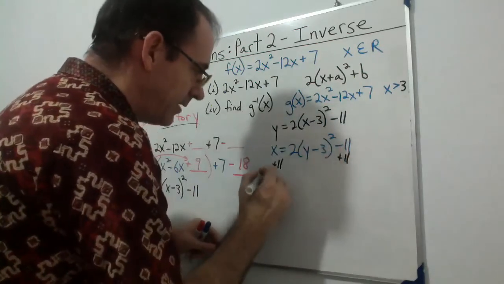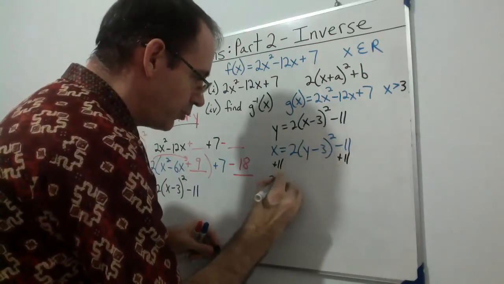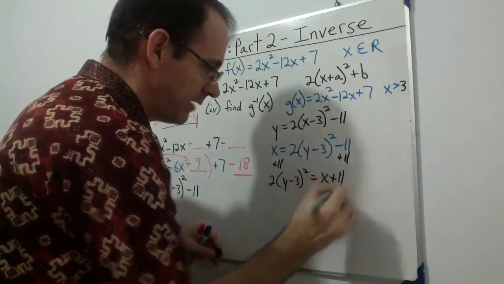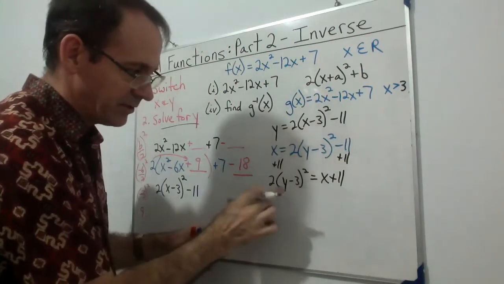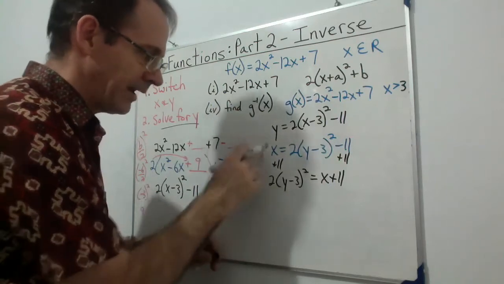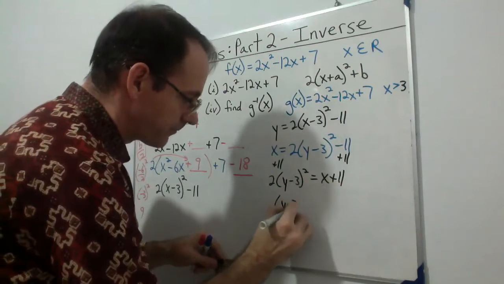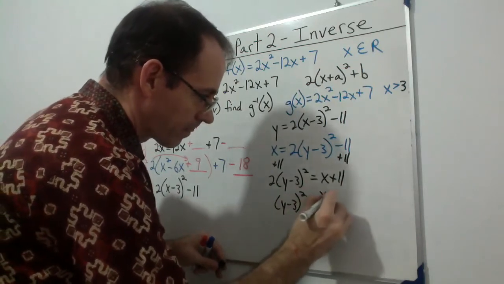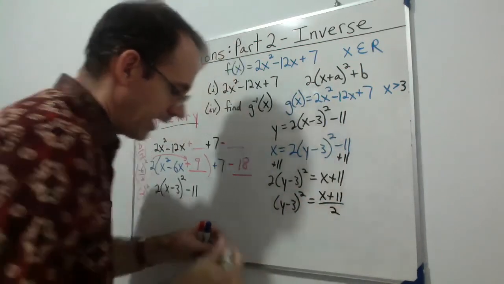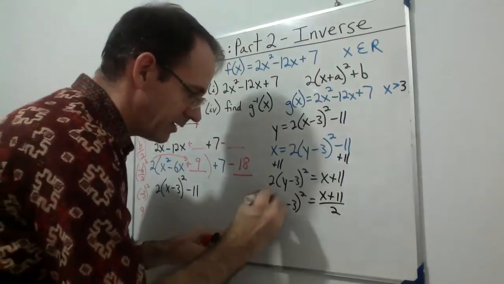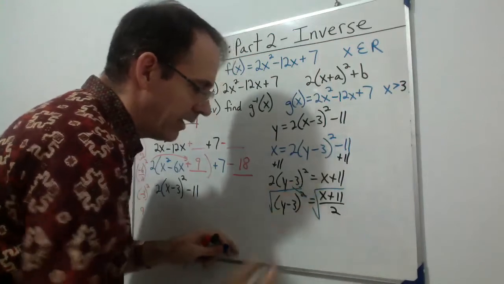So add 11. So we get 2y minus 3 squared equals x plus 11. So I put this over here since we're solving for y, x plus 11 over here. Now you divide by 2. And now we need to square root to get rid of the square.